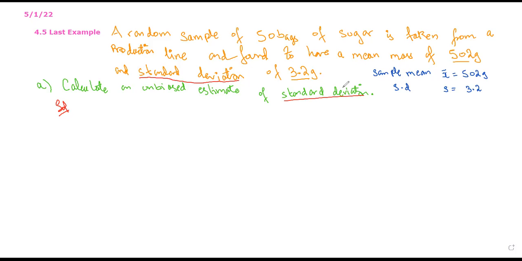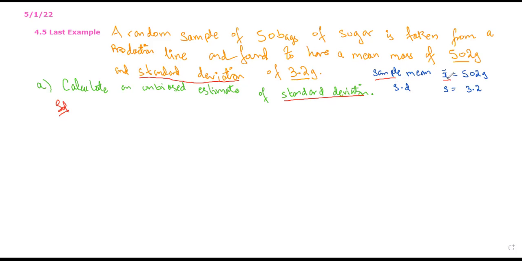For every parameter in statistics, we have divided things into sample and population. Sample is what we take as a reference of the population, because we cannot deal with all of the population. So just to have a good idea of how the population would be, we pick up a random sample, right?